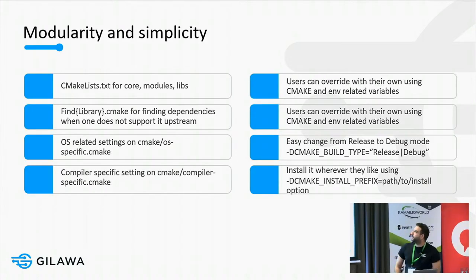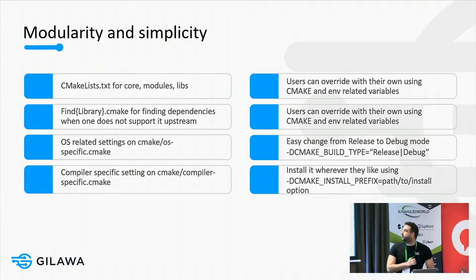So after our transition, now we have a clearly defined CMakeLists for our core, for our modules, for our libraries. Also, CMake offers external library and dependency handling, like FindLibrary.cmake for finding any library we may need in our modules.